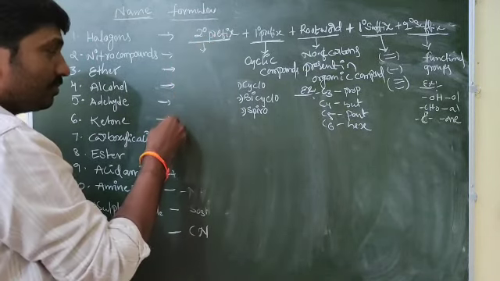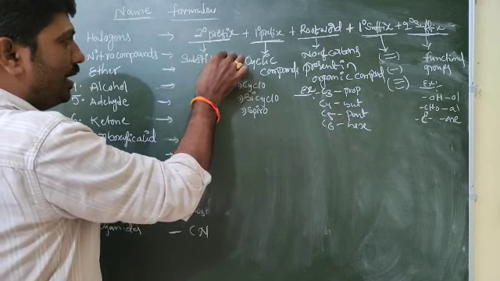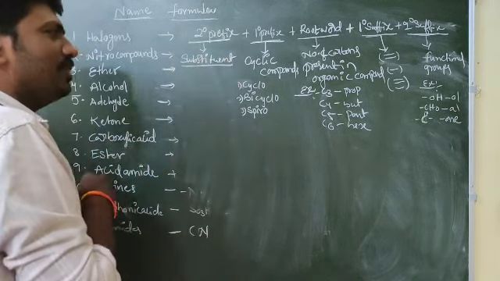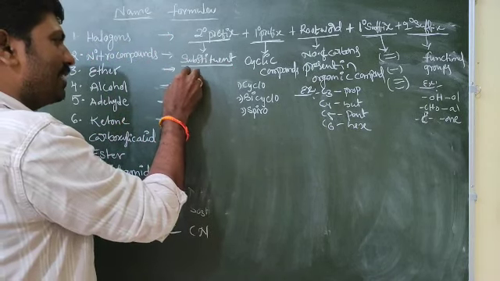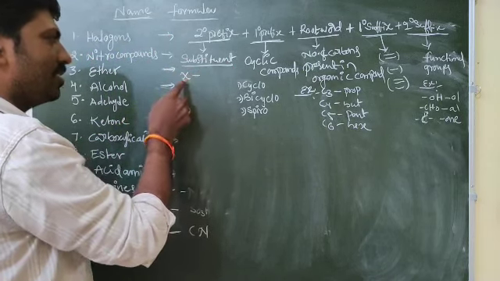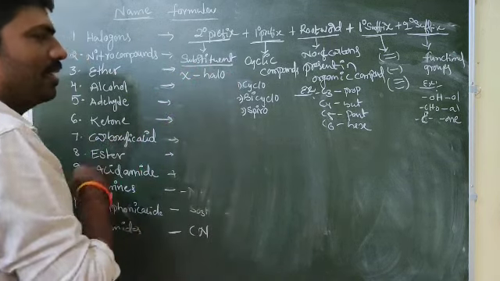Next, this one is important: the substituent. I said before, a halogen X means chlorine, fluorine, bromine or iodine, which is halo.